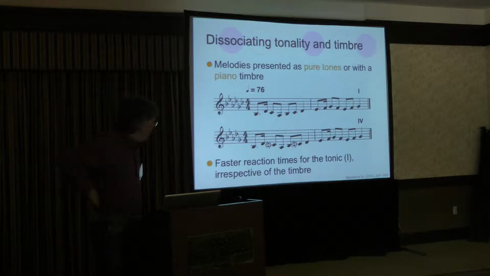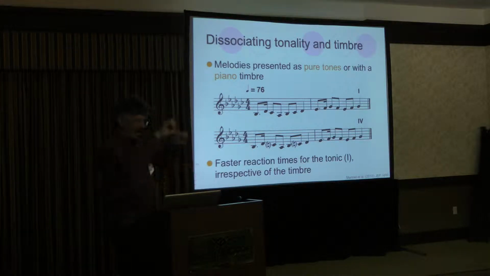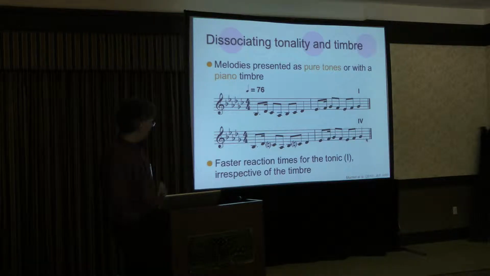All right. So just to provide what I think is a nice illustration of how these different representational stages differ, this is from that experiment that used either pure tones or piano timbres for these melodies that ended either on the tonic or the subdominant, and where faster reaction times were observed for the tonic.